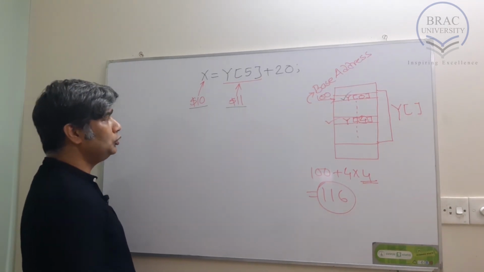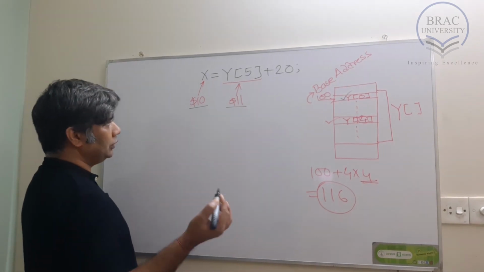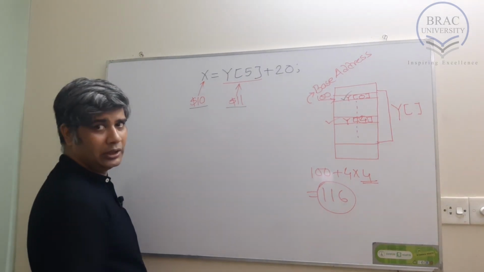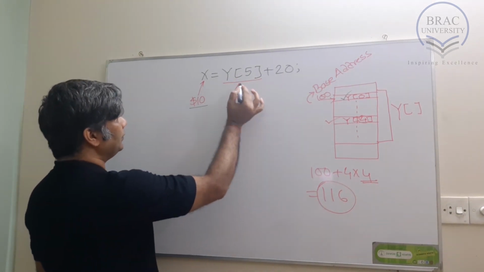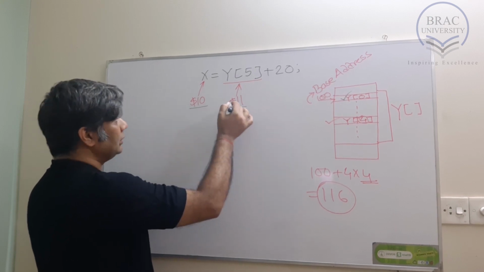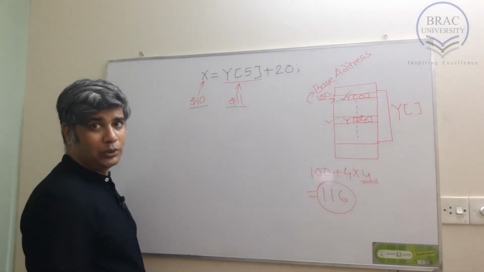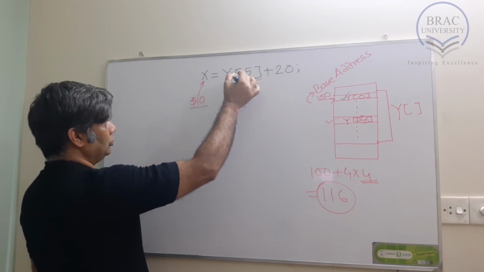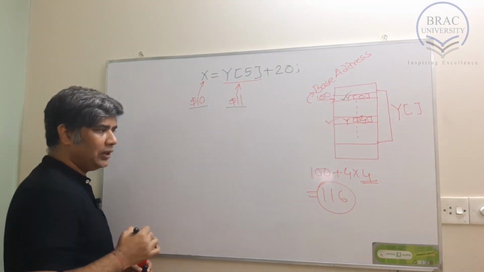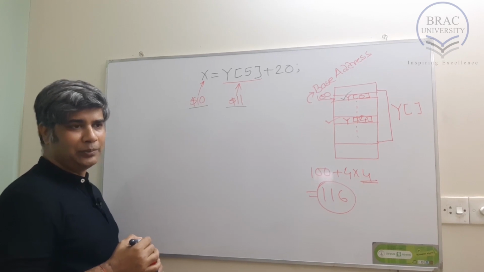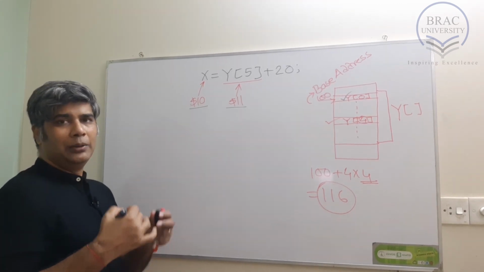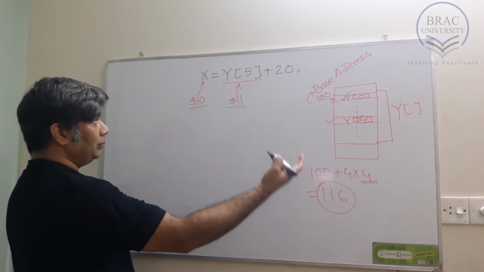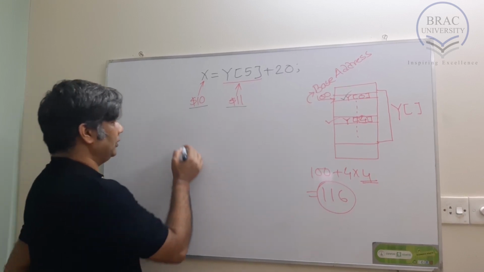Just see in this part, we just need to perform an addition: the addition of whatever the value y[5] contains with 20. But this is in a memory location, and the architecture that we are studying is a stored program architecture. That means we need to bring the value from memory into a register. First of all, we need to load this value from memory into a register. So let's perform that task.